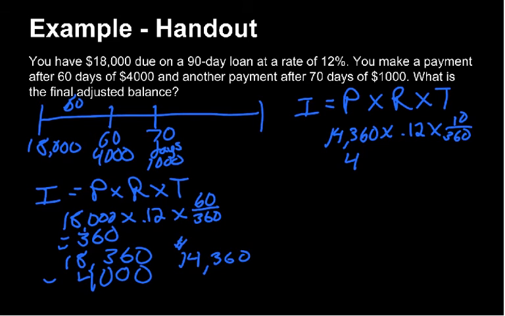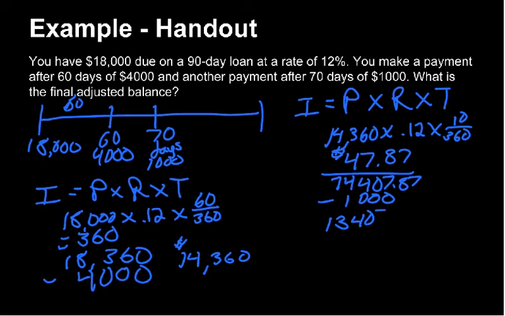When I multiply that out, I get $47.87, which if I add to the 14,360, I get $14,407.87, minus $1,000 for that second payment, and I have $13,407.87. That is what is owed at the end of the 70 days after the $1,000 payment.